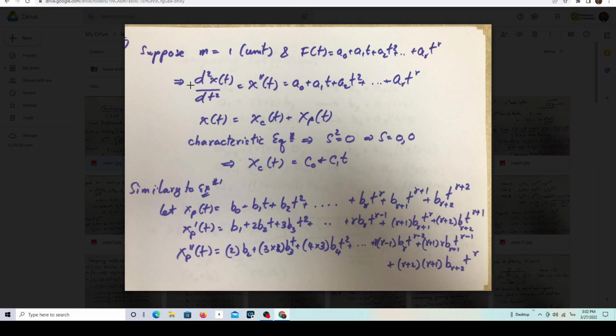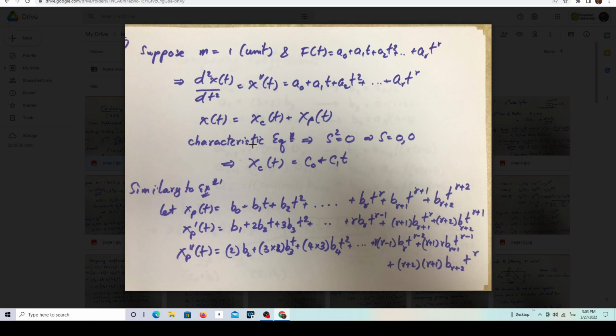Since the mass is equal to 1, the second derivative of x with respect to t is equal to f(t), the function itself. But x(t) consists of two parts from the basic solving procedure for an ordinary differential equation: you have the complementary solution and you have the particular solution.